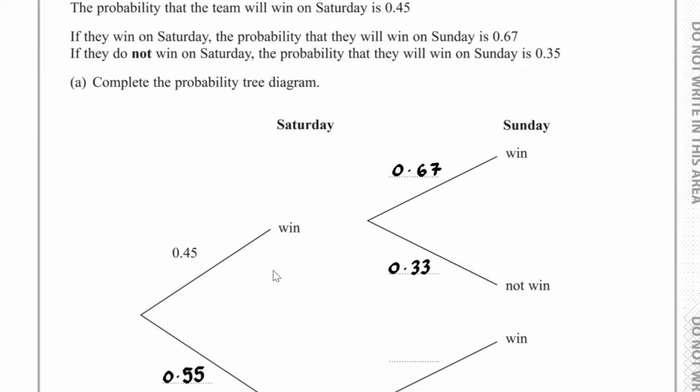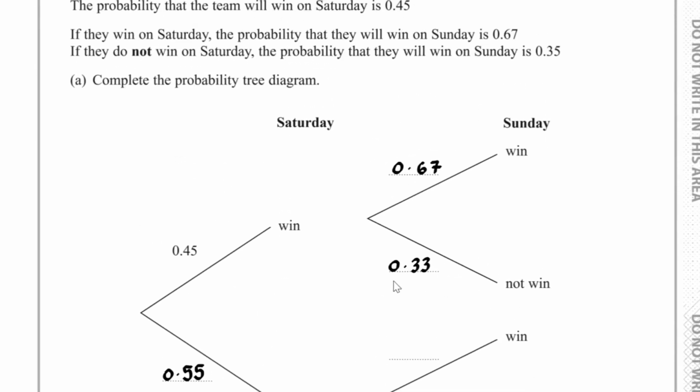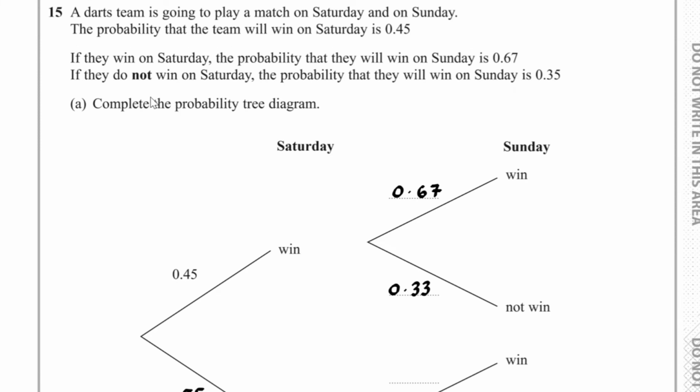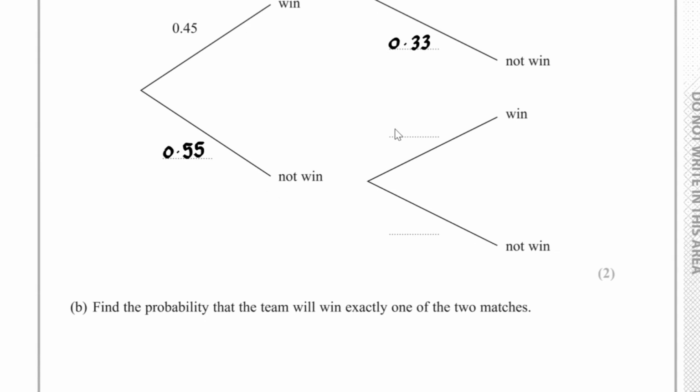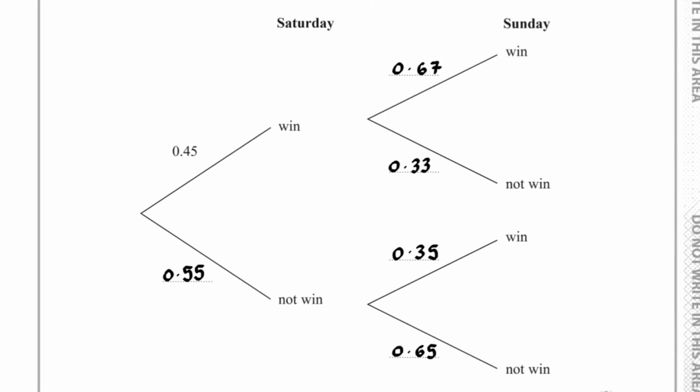Now, we know that if they do not win on Saturday, the probability that they will win on Sunday is 0.35. So the probability that they do not win on Sunday, then, if they do not win on Saturday, 1 subtract 0.35, that's 0.65. So here is the complete tree diagram.